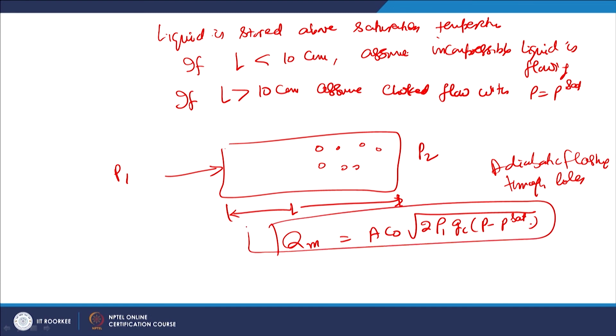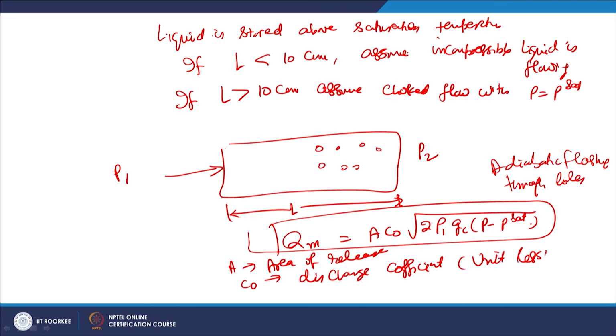So, this gives you the mass flow rate, where A is the area of release, C naught is the discharge coefficient, which is unitless, rho 1 is the density of liquid, mass per volume, P is the pressure within the tank, and P saturation is the saturation pressure.